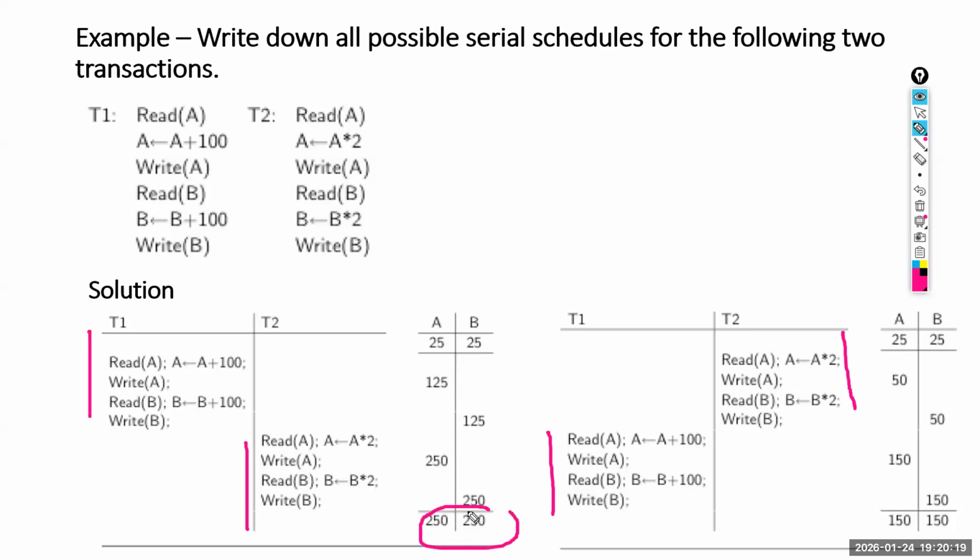Two different results. Sometimes you might wonder, if these are two different results, why do we say both are correct? Yes, they are two different results, but that is not our issue. Both are valid.